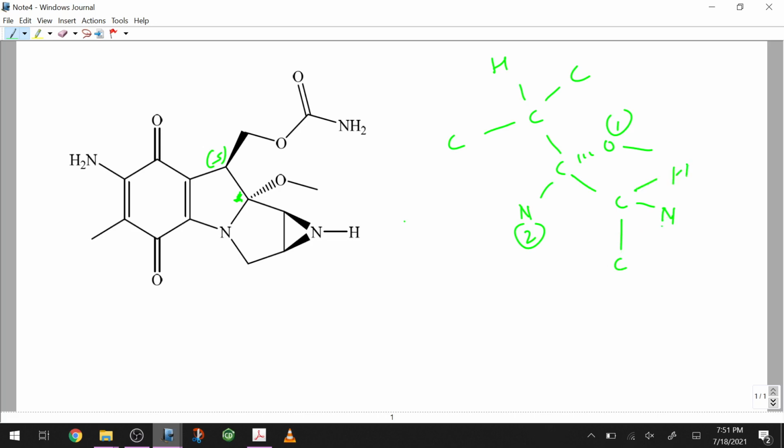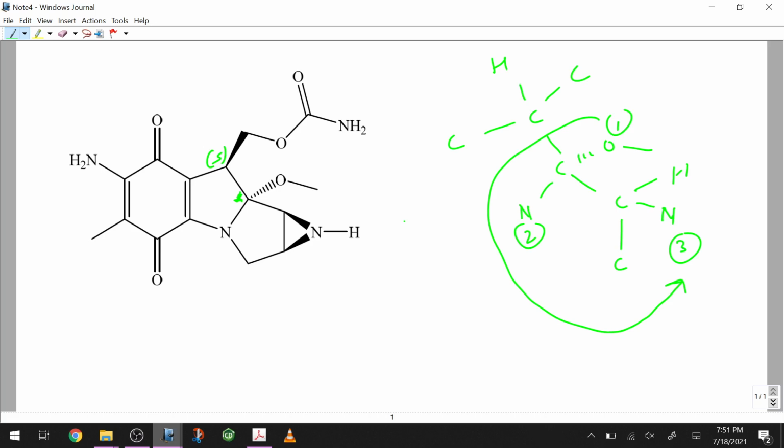So that's going to take over as priority 3. So if this were drawn the right way, that would be S. But again, my number 1 priority group is pointed away from me, so I have to flip what I'm actually seeing here.